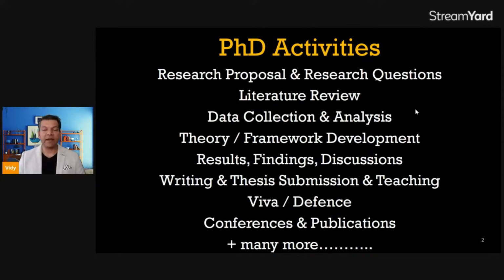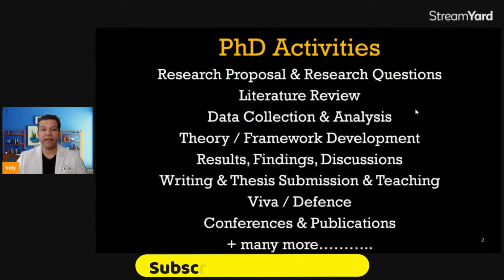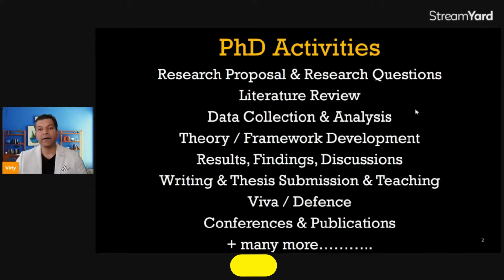Once your research questions are identified and your research has been approved by the university after a presentation or a proposal acceptance process, you can start conducting your research, doing data collection, theory or framework development, and gathering your results, or if you're doing a simulation, conduct the simulation. Then write your thesis and submit it.